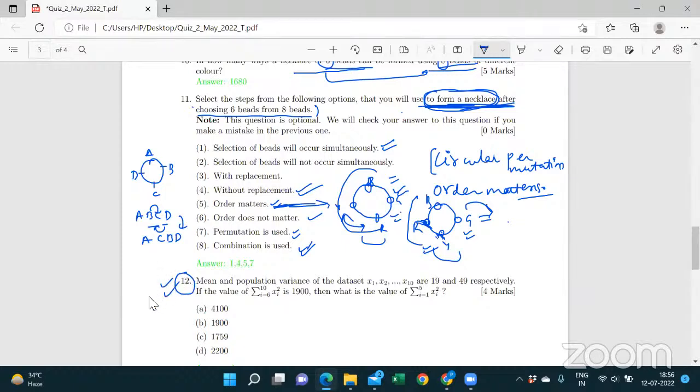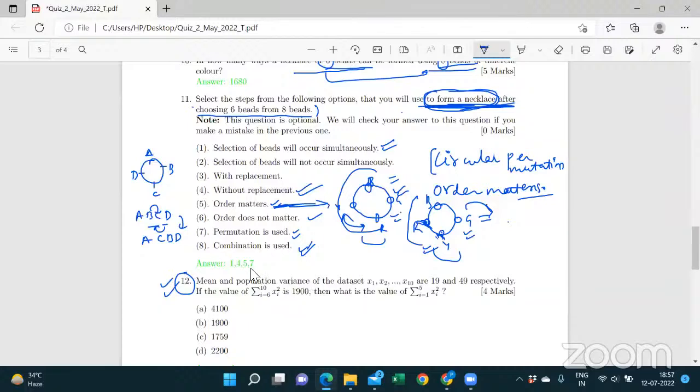Arrangement of items in a particular order: if number 1 position is given to one bead, it has to stay in number 1 position, because if you remove it, the sequence will be disturbed. Is it clear for everyone till now?